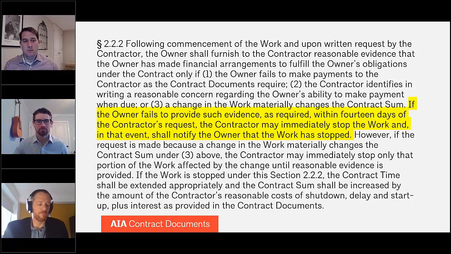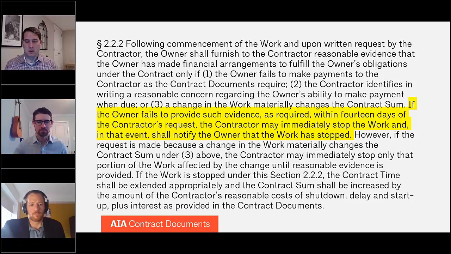If the owner never satisfies the payment, I think it's section 9.7, allows the contractor to stop work and is excused from continued contract performance. So, if you're talking about a subparagraph 1 situation, until the owner remedies that non-payment, the contractor can stop work. But as soon as it's been paid, then you're into the exact same scenario we just talked about.